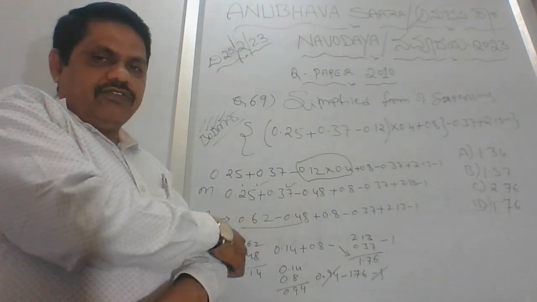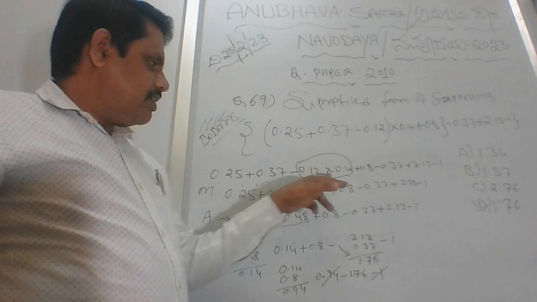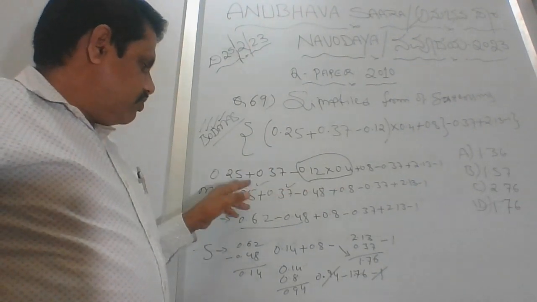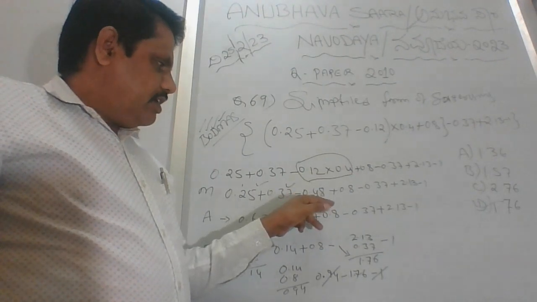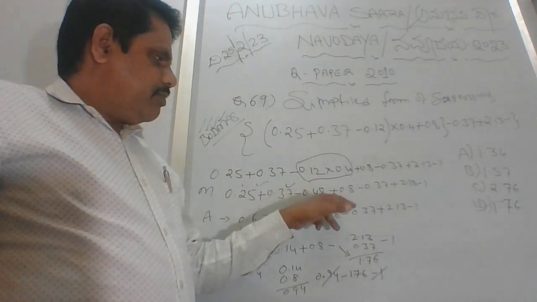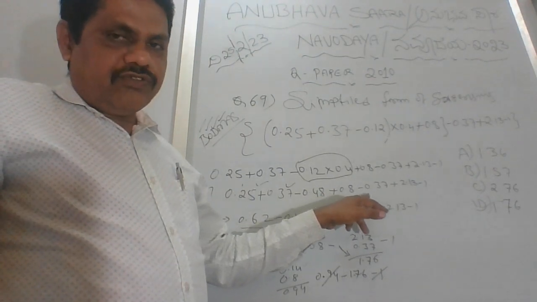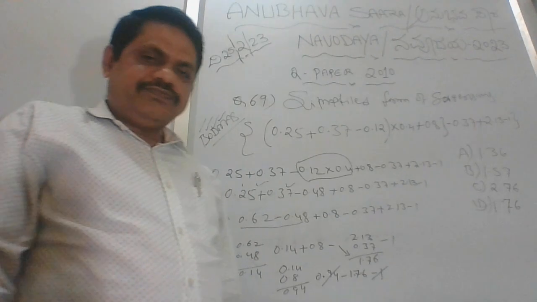Okay, so this is the question. In the second step we have done the multiplication. We wrote the same 0.25, 0.37, 12 fours are 48, that minus remains the same. Again plus 0.8 minus 0.37 plus 2.13 and minus 1.